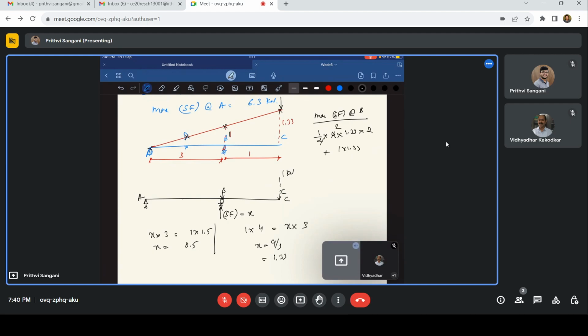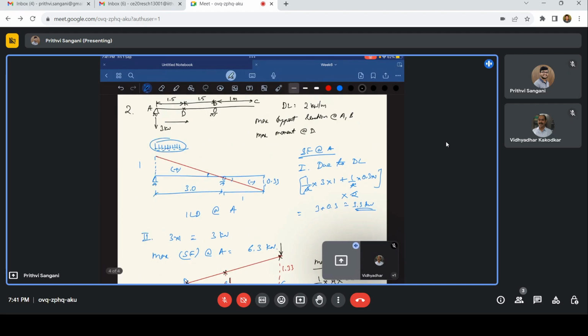So this is one half times 4 times 1.33, times 4, sorry, plus 1.33. That turns out to be 6.65 kilonewtons. This is my maximum shear force at B.